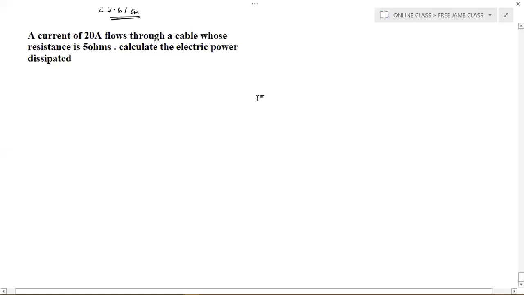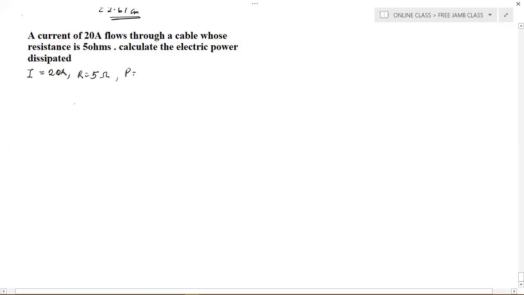Now they say that a current of 20 amps flows through a cable of resistance 5 ohms. Calculate the electric power distributed.